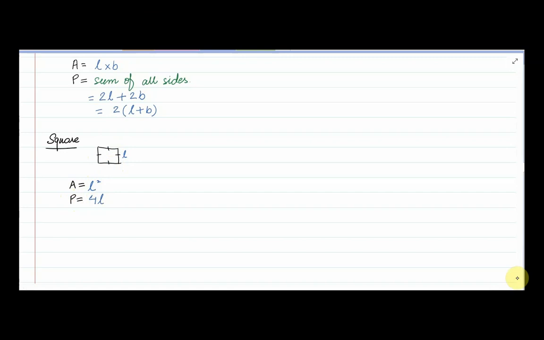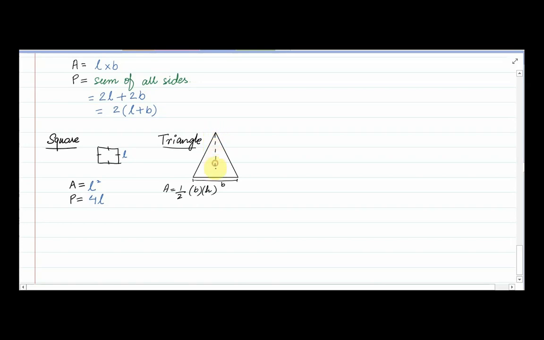Now after square, moving on towards the next shape, that is triangle. You all know how a triangle looks like. If we talk about area, so area is 1/2 base into height, and the base is this total length, and height is always at 90 degrees.